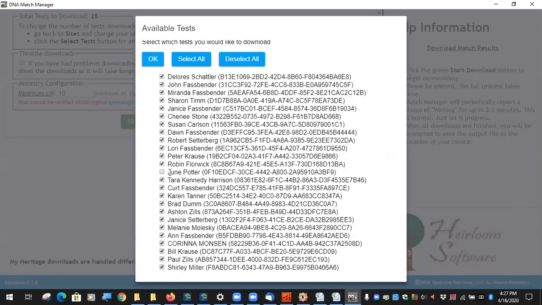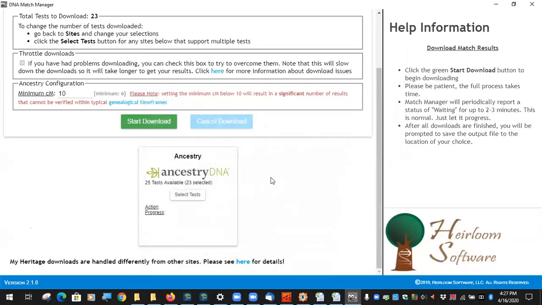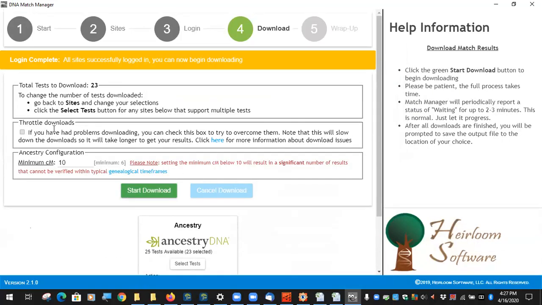There's 3 tests I don't download, just because that one's just a friend. Is there a charge for the Heirloom software? No. It's a free program, and it's available for Windows and Mac, from Heirloom Software.